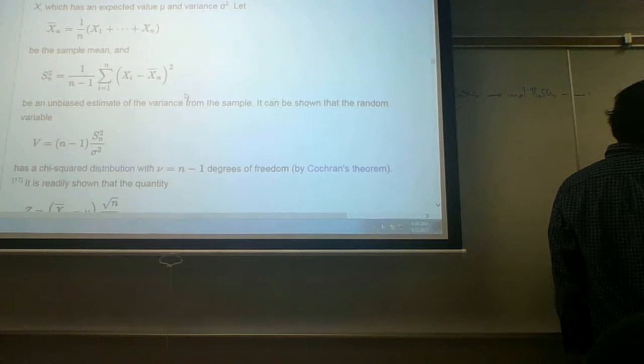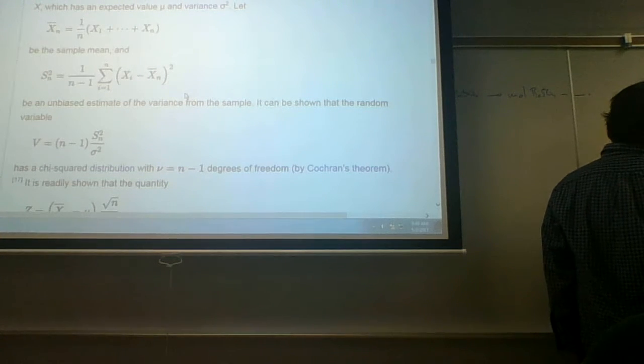Here we have 3 measurements, so we'll just do 3 minus 1 here. And the sum we'll do as individual terms.